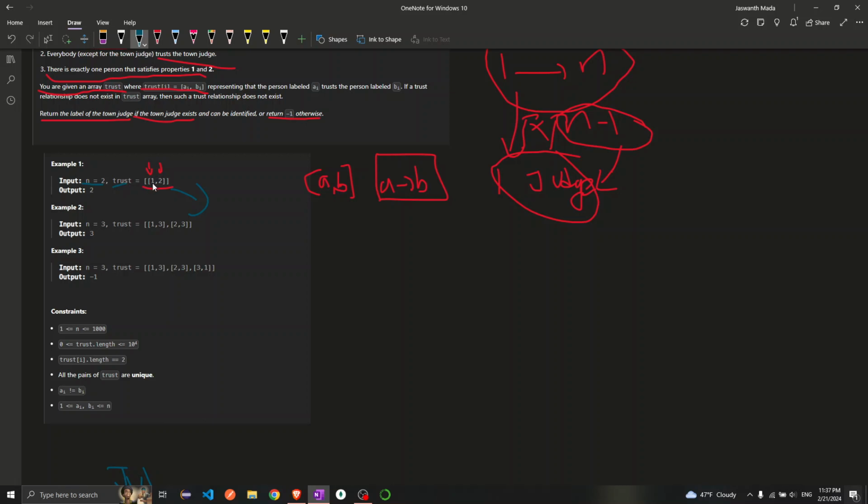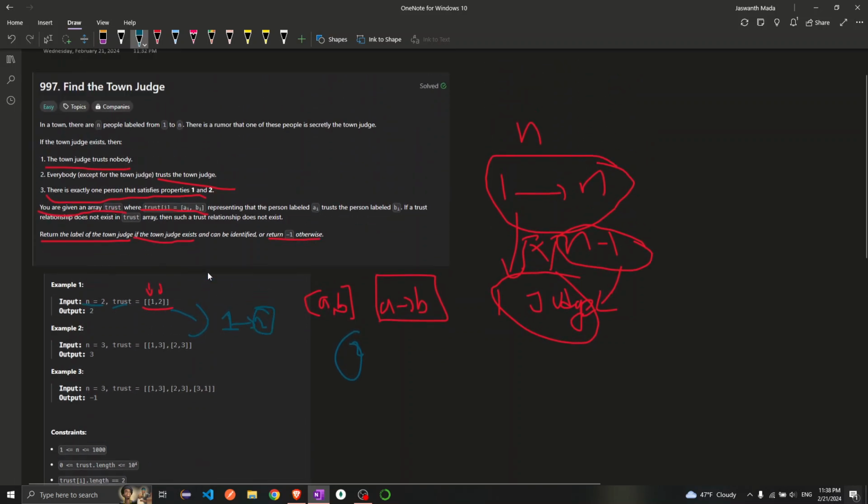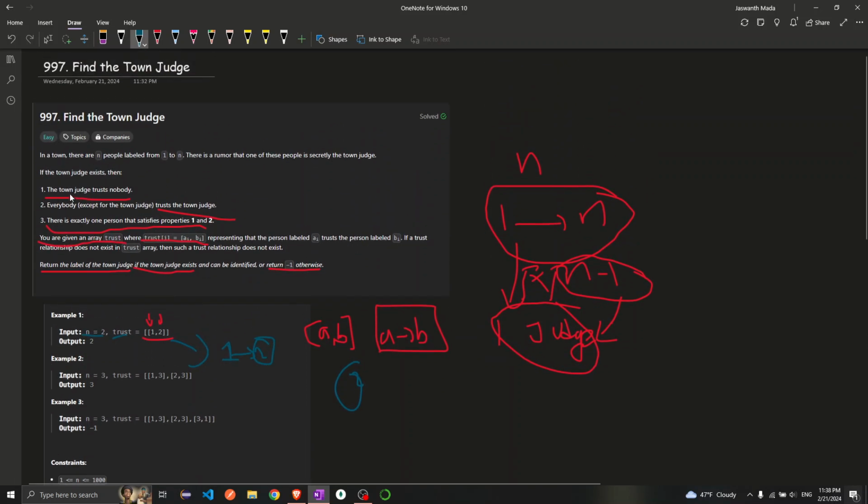In this trust array, it is given that one will trust two, right? So there are only two guys, and one will trust two, but two is not trusting anyone. So two is the judge, right? All the persons other than the judge will trust him, but the judge himself does not trust anyone. So it is getting satisfied, right?